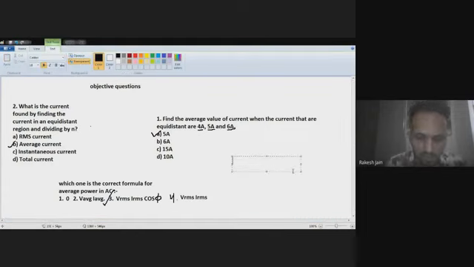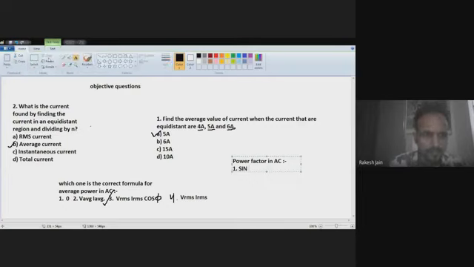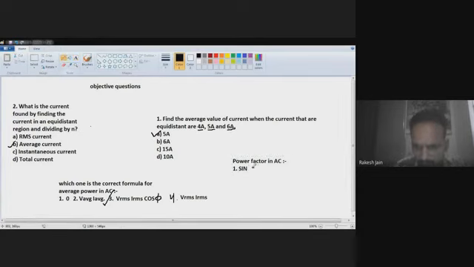Now you have a new objective question on power factor in AC. Let's suppose we have to pick which one is the correct formula. The first is sin phi. Your second option is cos phi.